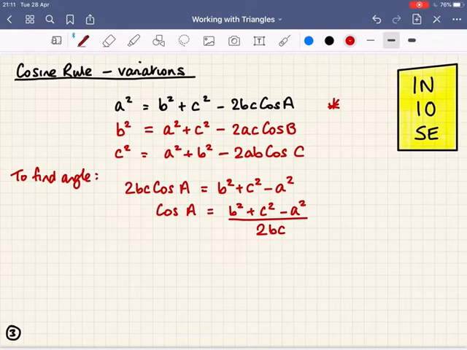And again, if I wanted to find the angle B, I could just modify this formula.